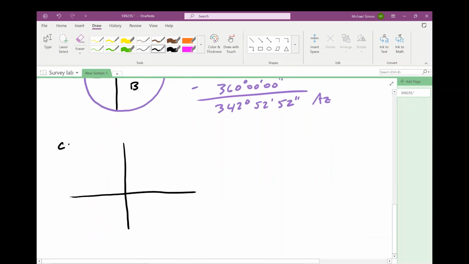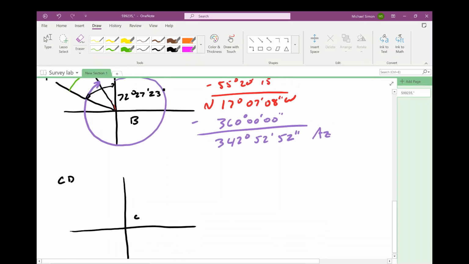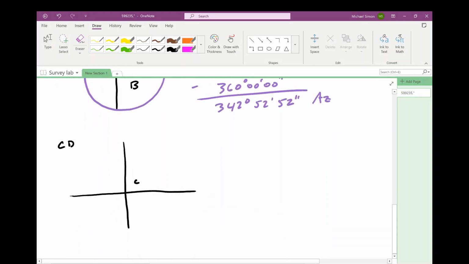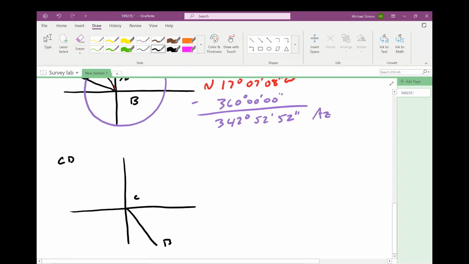Now I'm going to do CD. This is my last one, and it should really just be a check for what I had. So C goes in the middle. I draw on my back bearing. I had northwest, so CB becomes southeast. That angle is the back bearing, 17, 07, 08.